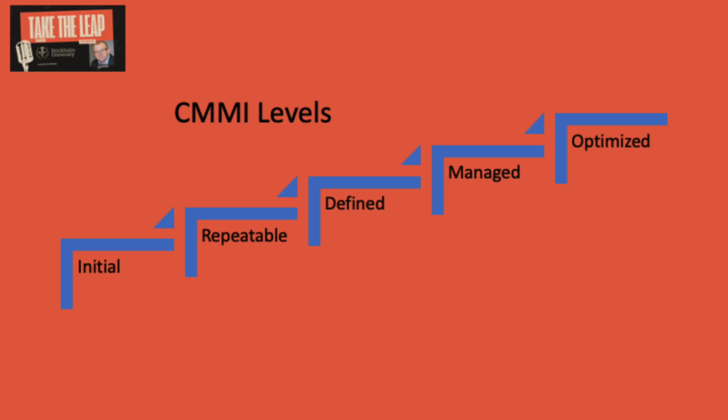As your organization matures, you reach level 3, the defined stage. At this level, your processes become more standardized across the board. Every project in your portfolio follows the same set of documented guidelines. There's a clear methodology in place for how projects are initiated, planned, executed, and closed.